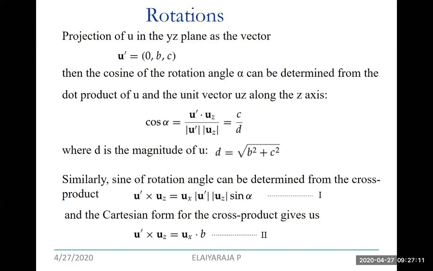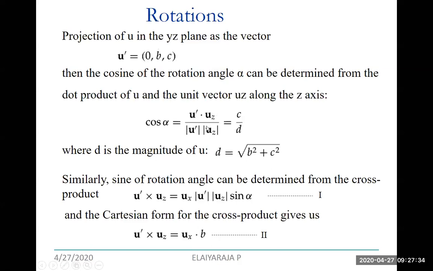So 0 comma b comma c, then multiply with 0 comma 0 comma 1. What will you get? 0 into 0 is 0, 0 into b is 0, then 1 into c, so you get the value c, divided by modular of U dash and uz.